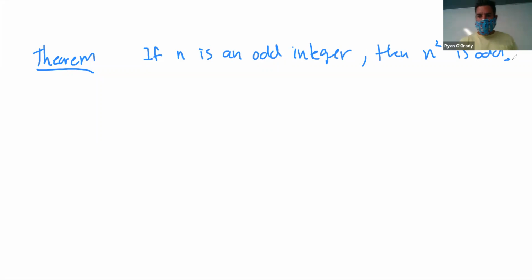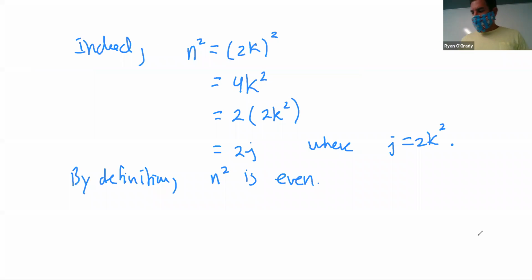Oh, by the way, I should have mentioned this. It's typical in mathematics, if you're writing a proof, that we like to let the reader know that it's done. The old-fashioned way was to use QED, which I believe is a Latin phrase that translates to that which was meant to be proven.